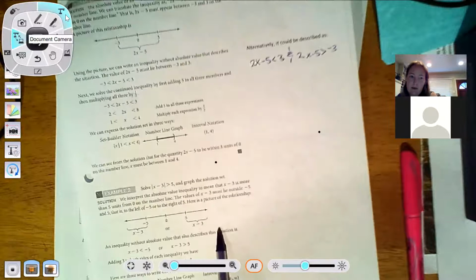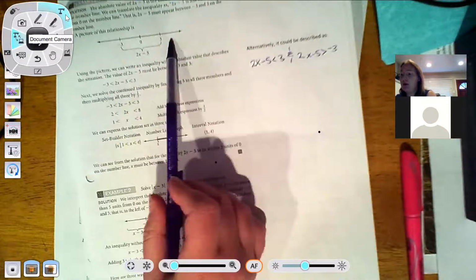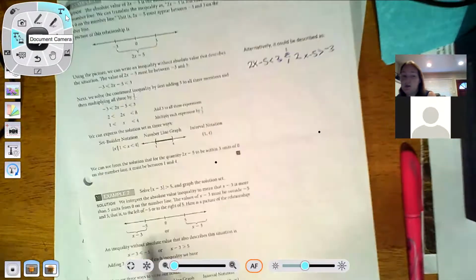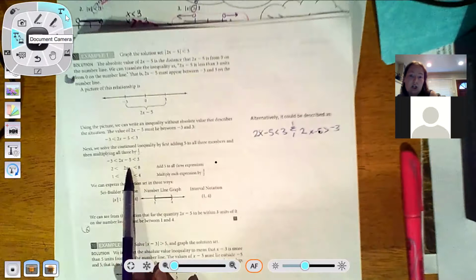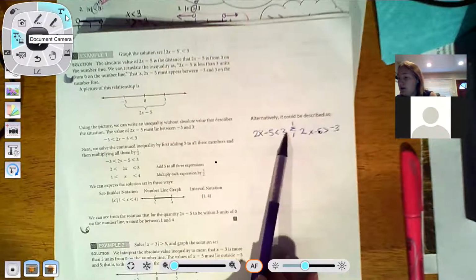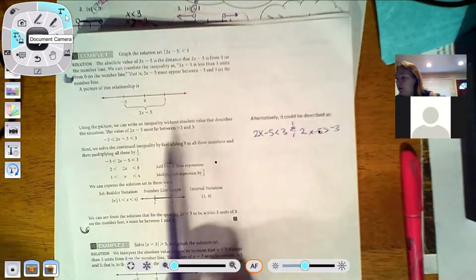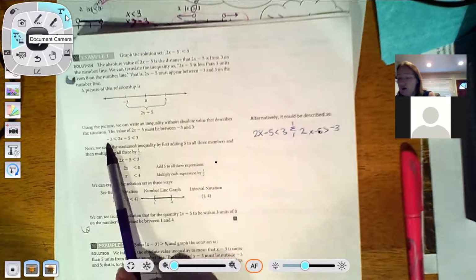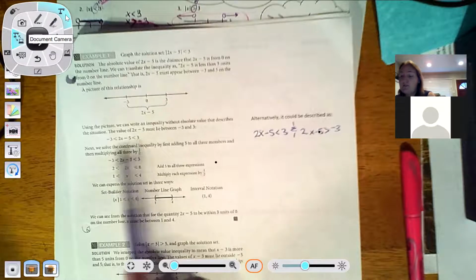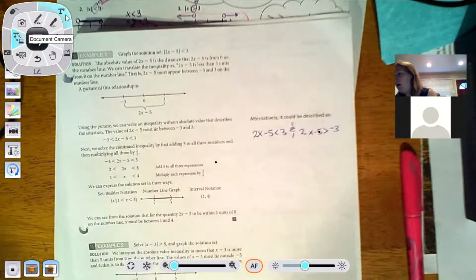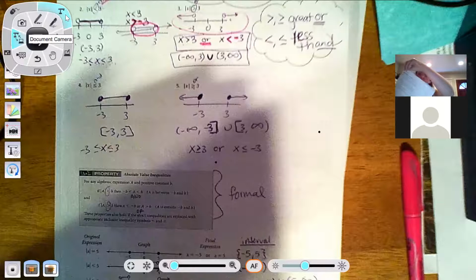So they talk about it in terms of that conceptual idea, the distance is less than, the distance is more than, and that's why we get those two cases with the word or here with the and, the conjunction. So you can either write it with the word and, or you can do it as a compound inequality, because that means and.